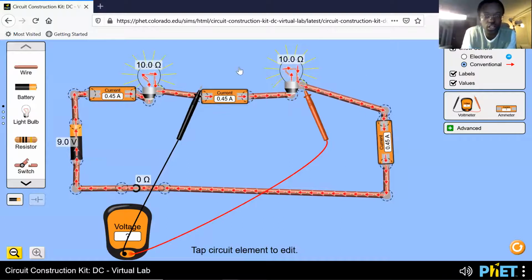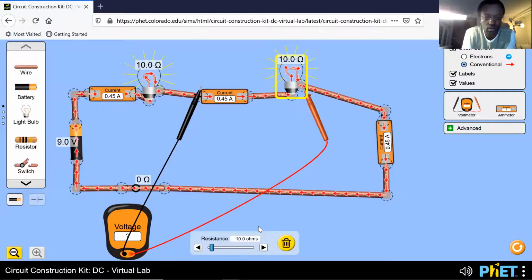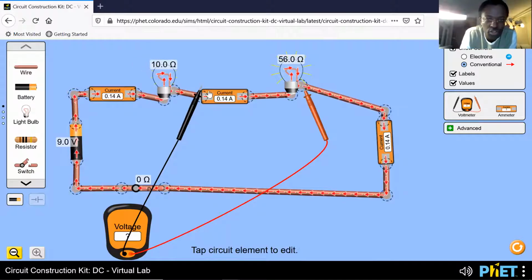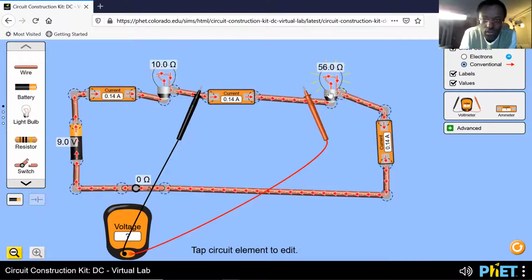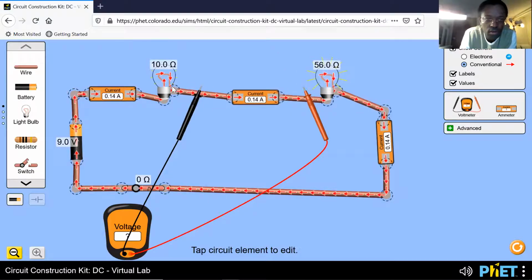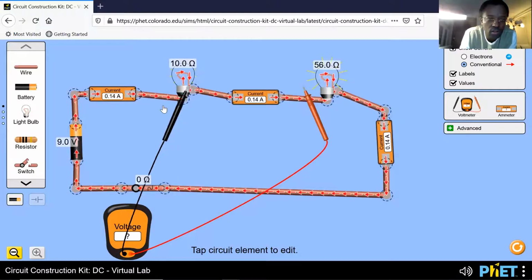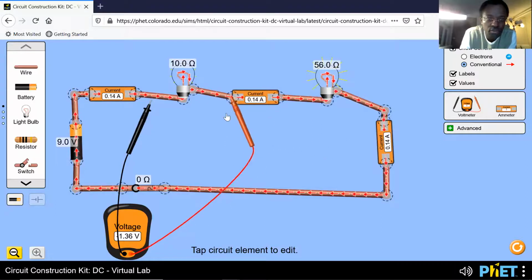But the voltage, let me extend this a bit so I can measure the voltage. Here it is going to be different.